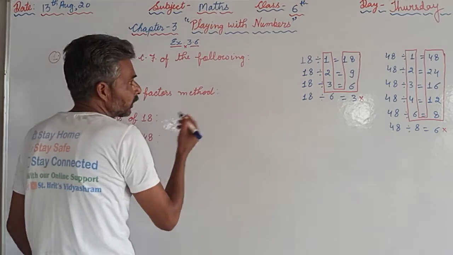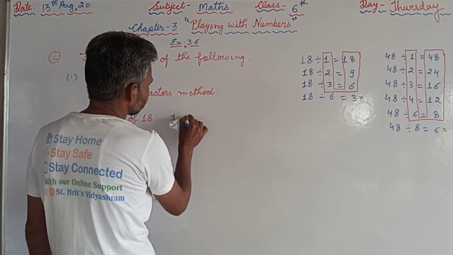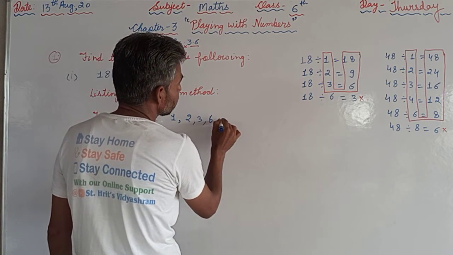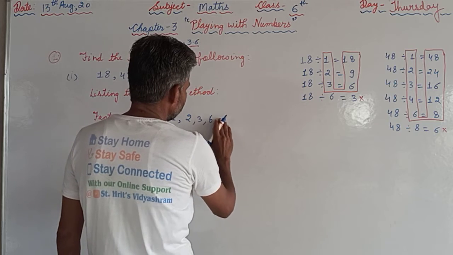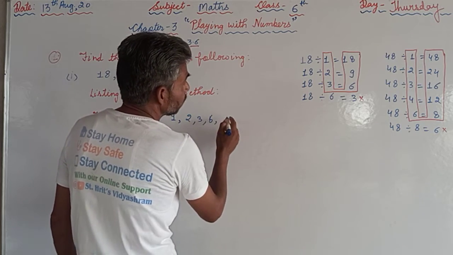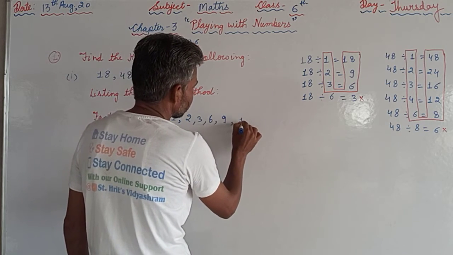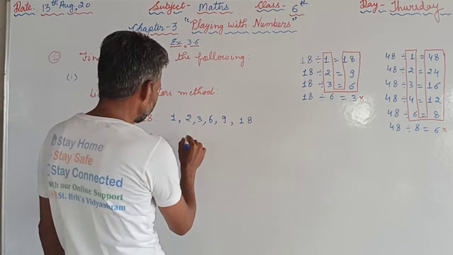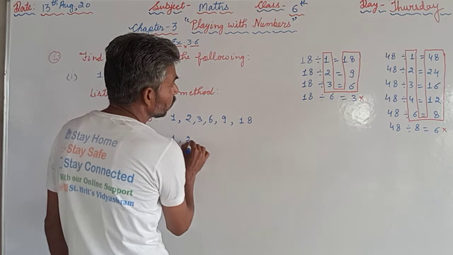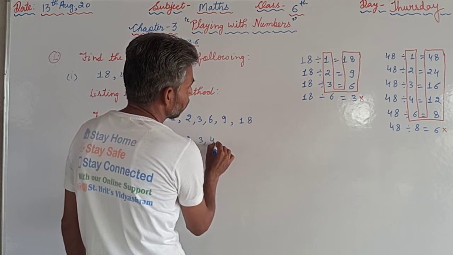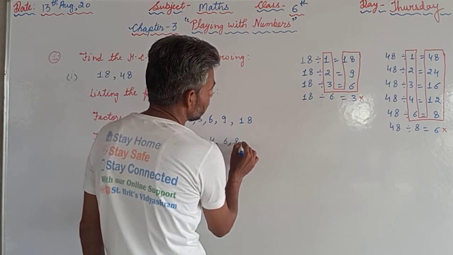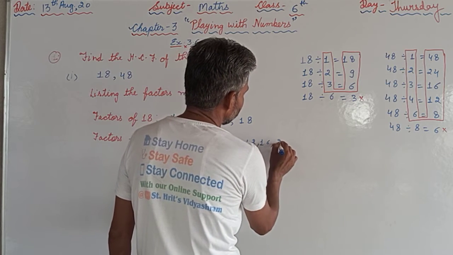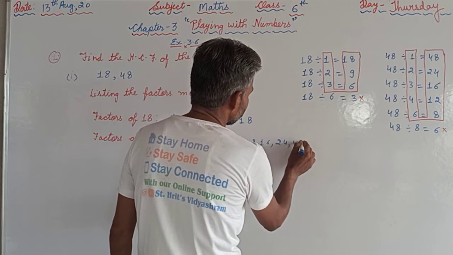So the factors of 18 will be 1, 2, 3, 6, 9 and 18, and the factors of 48 will be 1, 2, 3, 4, 6, 8, 12, 16, 24 and 48.